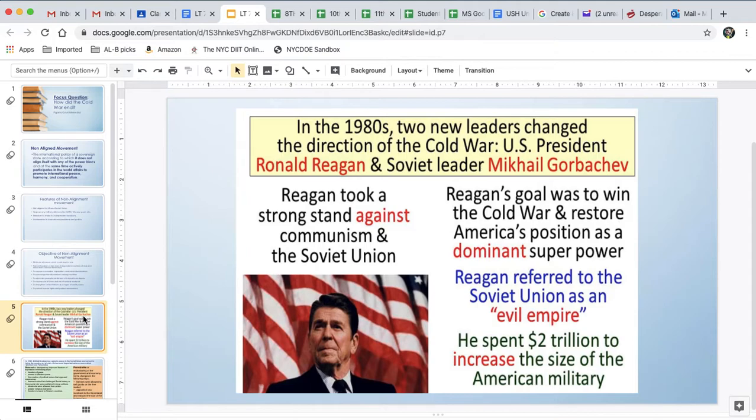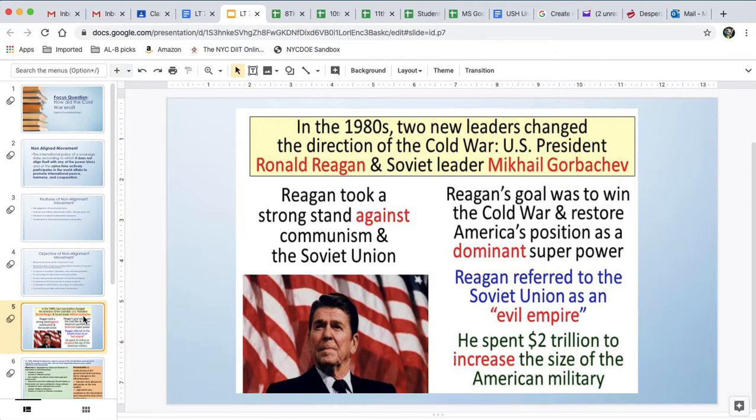He serves 2 terms, a very strong, robust type of president who is a Republican, but his big thing is big army, big presence, and wants to stop Russia and the Soviet Union in their tracks and to stop the spread of communism.